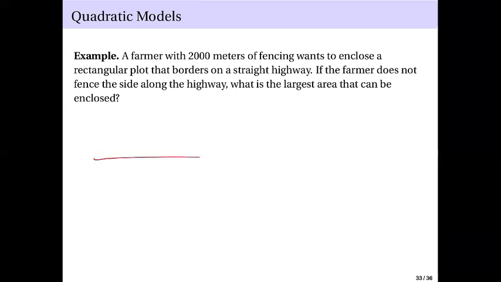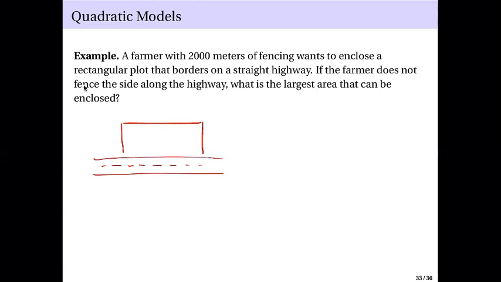There's a highway, and the farmer wants to enclose a rectangular plot such that the side that runs beside the highway is not included.